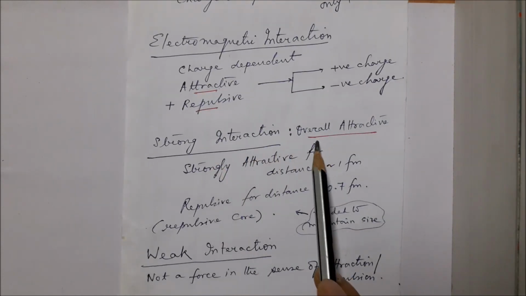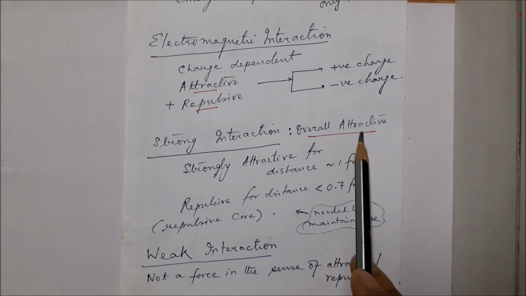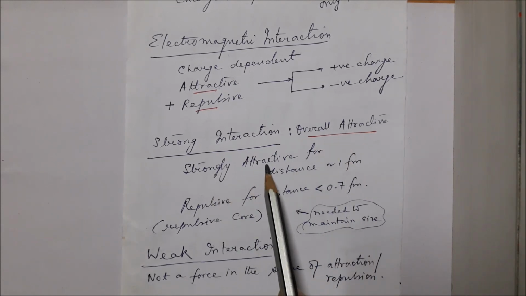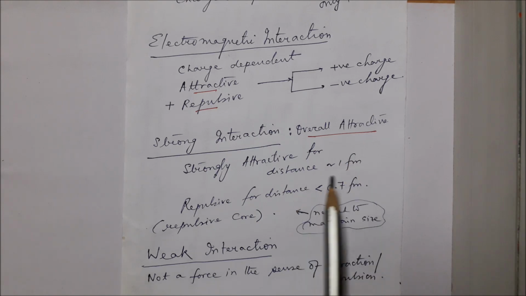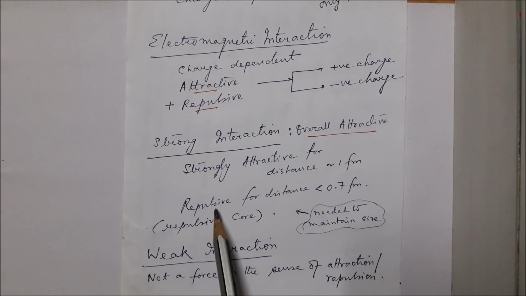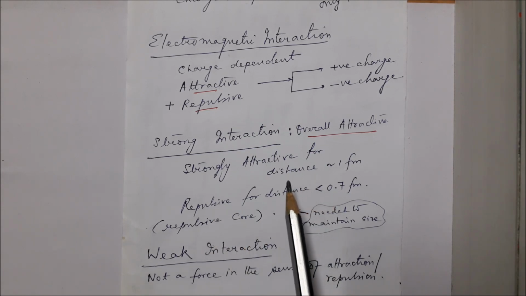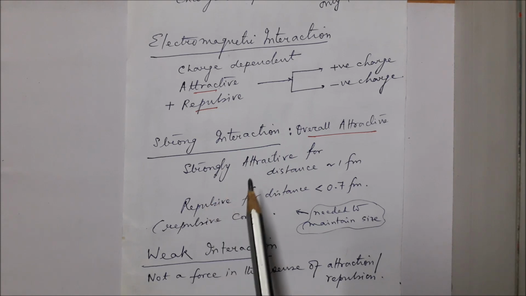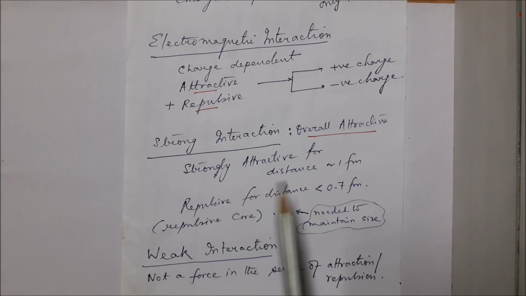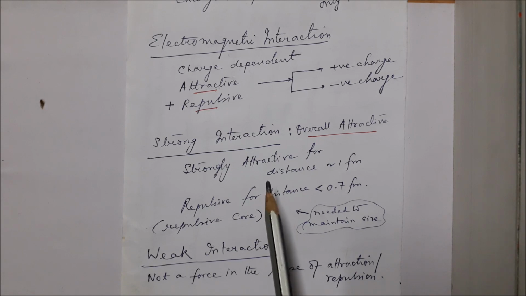Strong interaction is overall attractive. It is strongly attractive for distances of the order of Fermi, but it has a repulsive core. In fact, any system should have such a provision of repulsion in order to maintain its individuality, in order to have its own independent existence and extension.